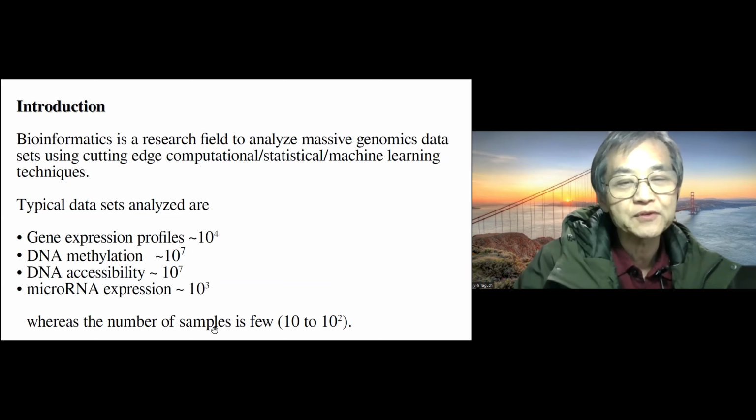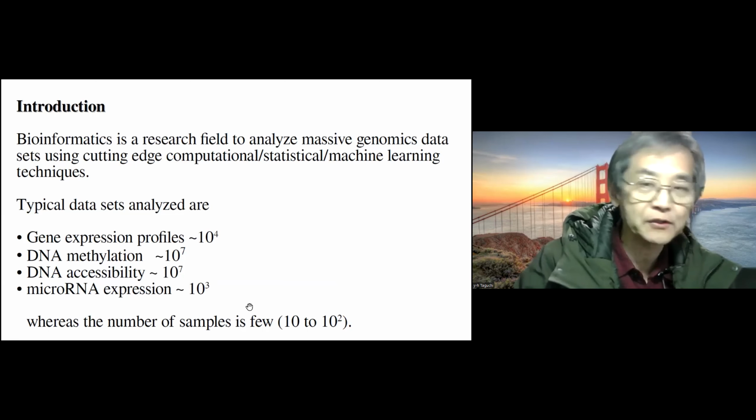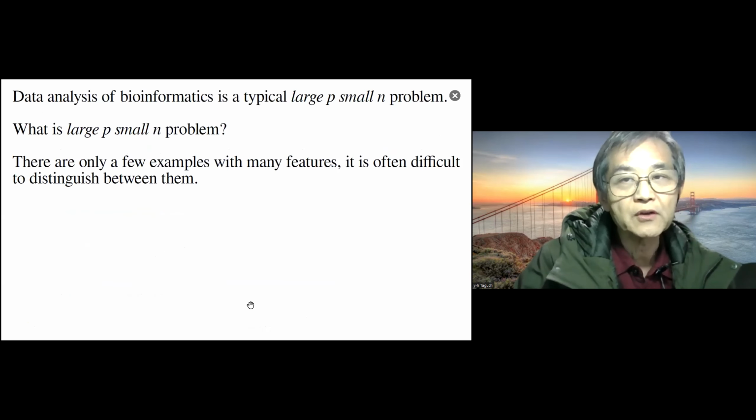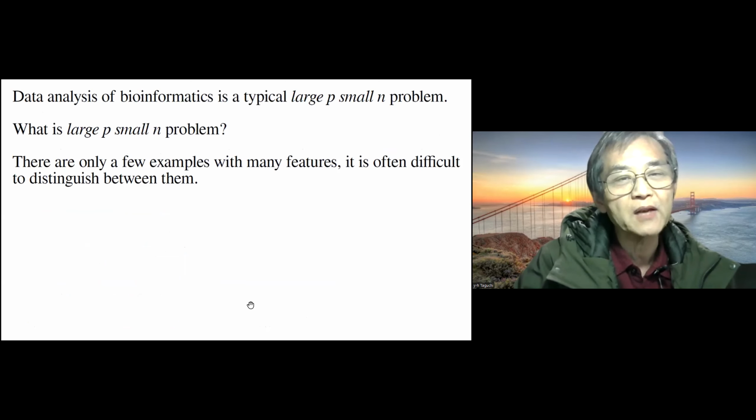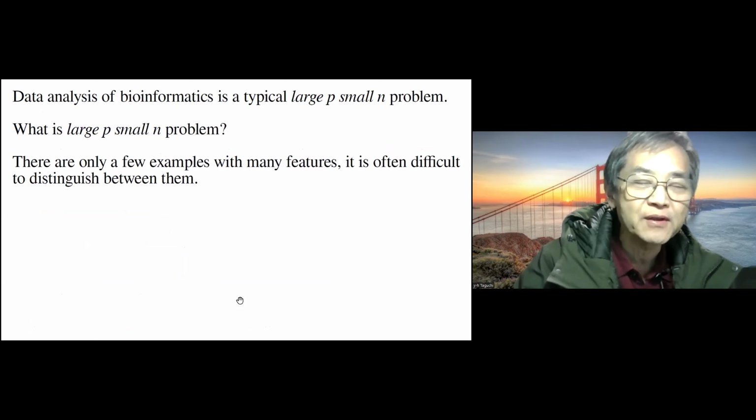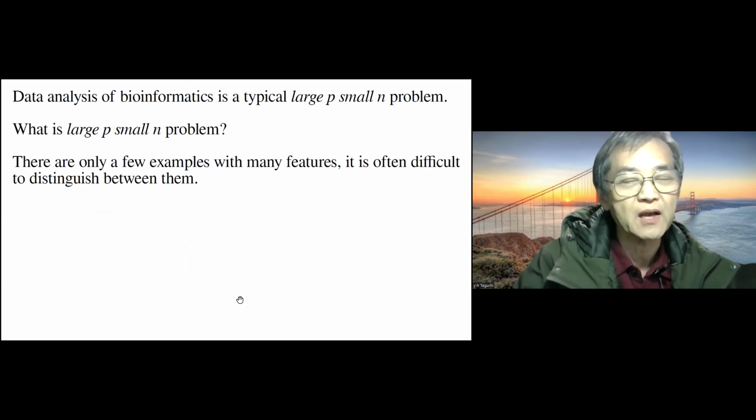But the number of samples is very few, typically 10 to 100. So this is the so-called typical large p small n problem. A large p small n problem means there are very few samples but many features, meaning variables. This makes it very difficult to distinguish between them.